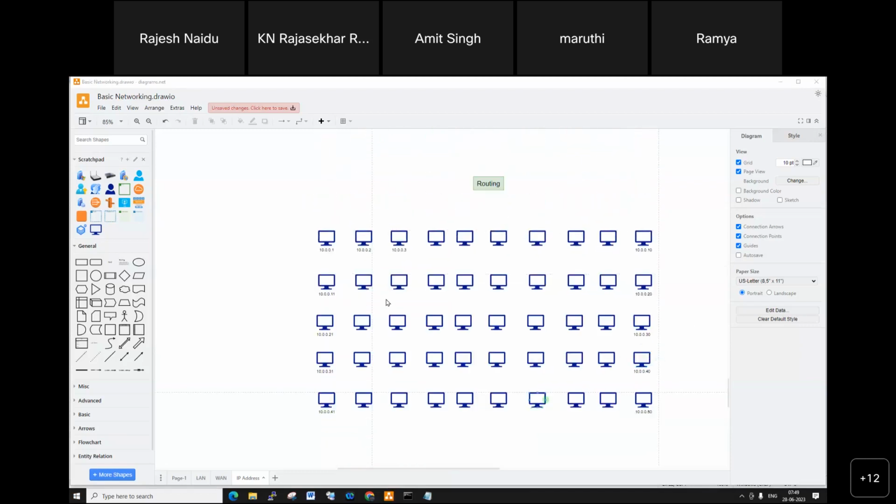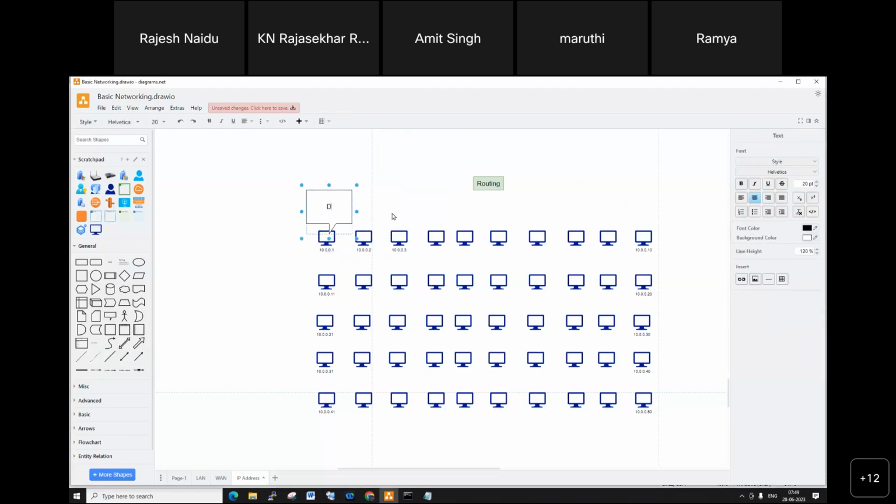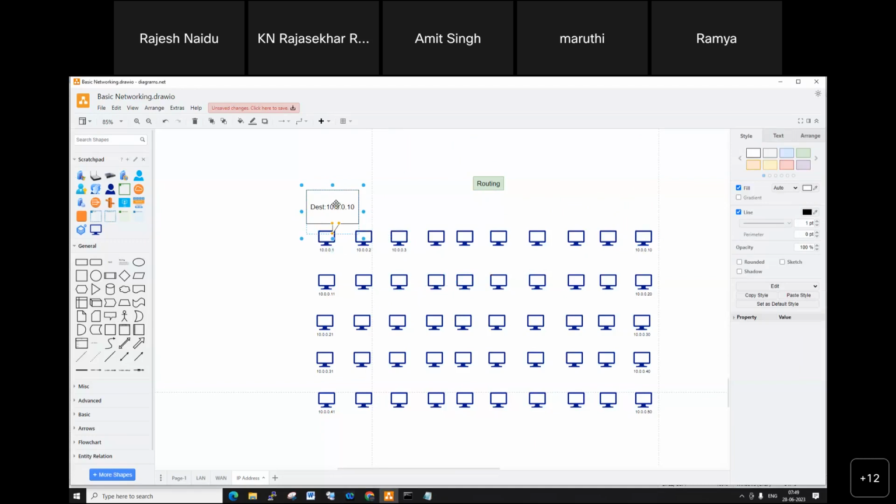Let's take an example: system 1 wants to communicate with system 10. So the destination is 10.0.0.10. This is the destination for this computer.